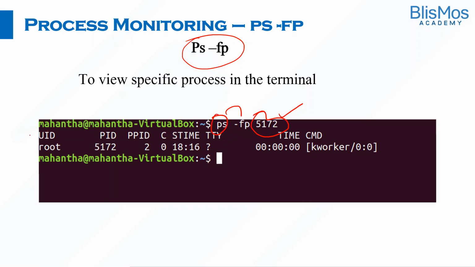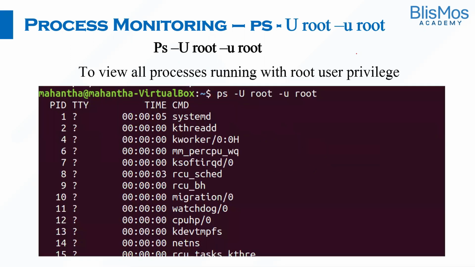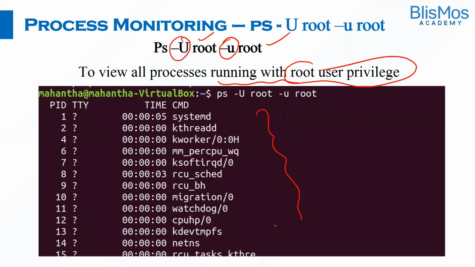It will display all the information about that process if it is running in the Linux. Next option is if you want to view all the processes running with the root user privilege, then you can say PS -u root. Then it will display all the processes which are running with the root user privilege.